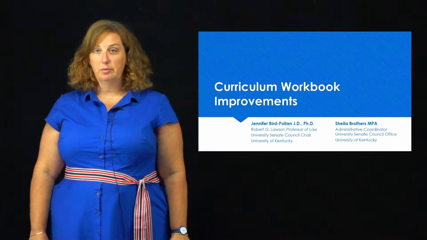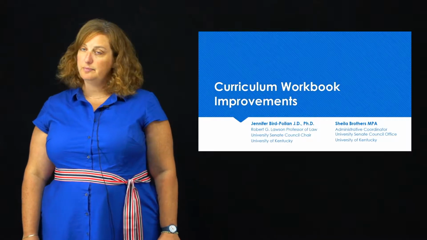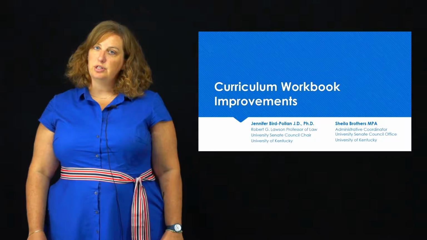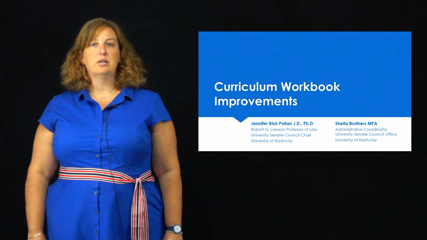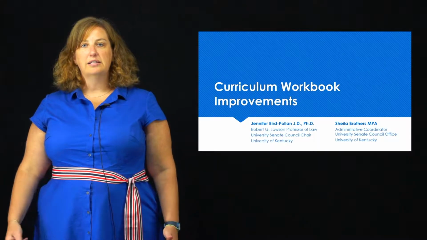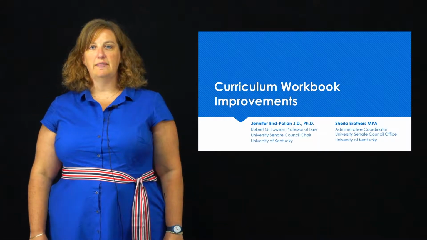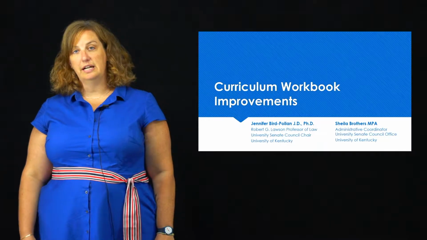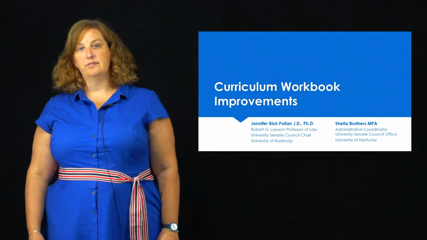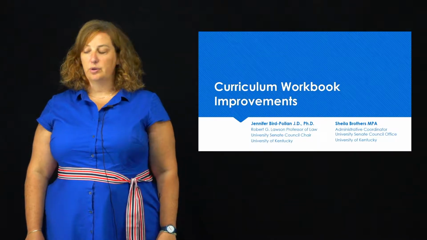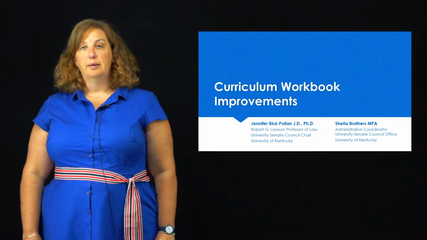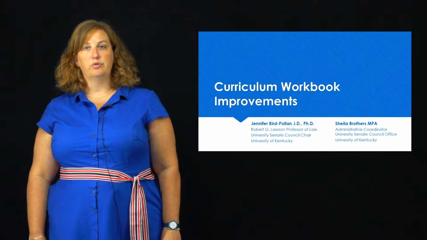So just to tell you a little bit about what you're going to learn in this video. We're going to describe to you the reasons for the change, the analysis that went into producing this change, and then we'll walk through some of the technical aspects of the new approval process, showing you both the Excel spreadsheet that's part of the new approval process.